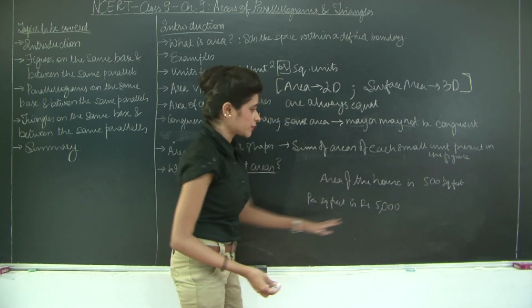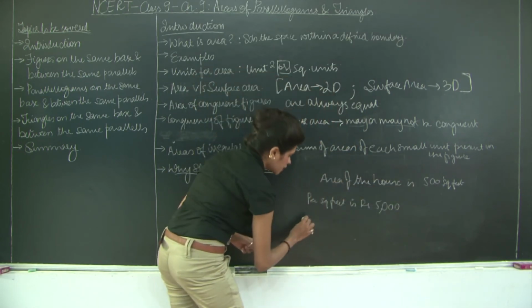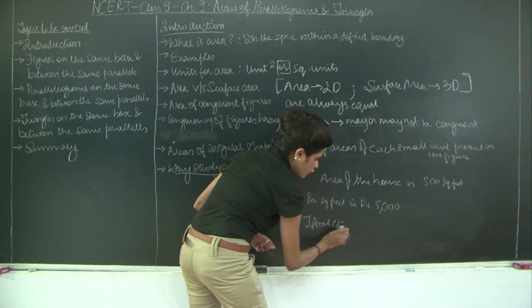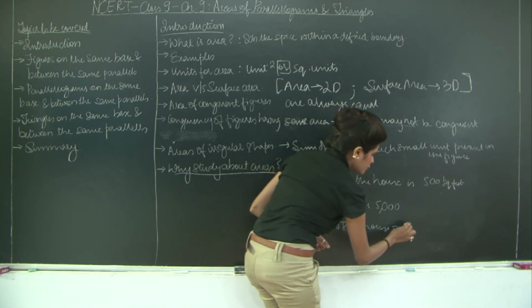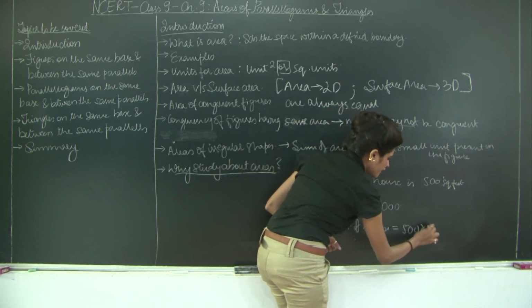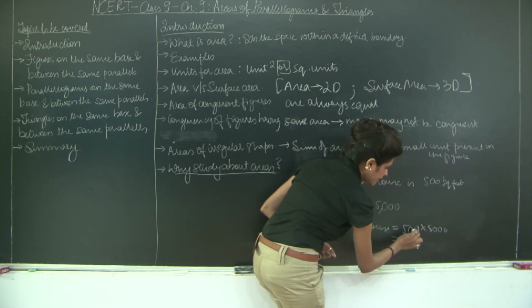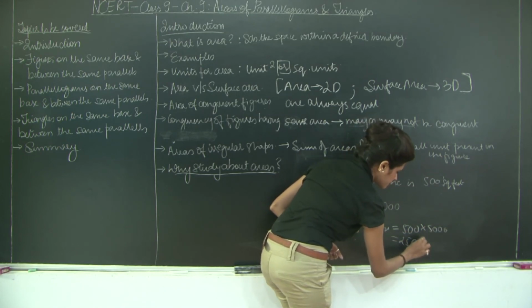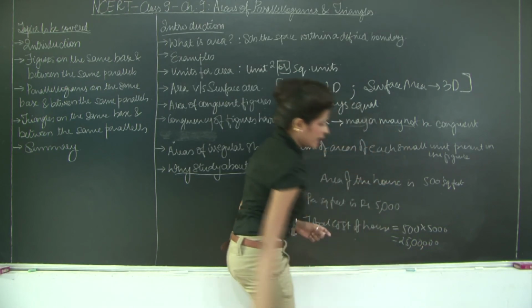This is very cheap, by the way. So how much would it be for 500 square feet? The total cost of the house is going to be 500 into 5,000, which is going to be 25 lakhs.